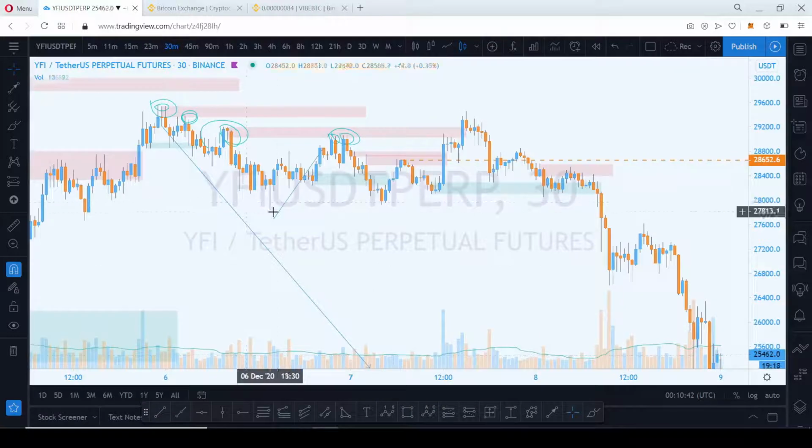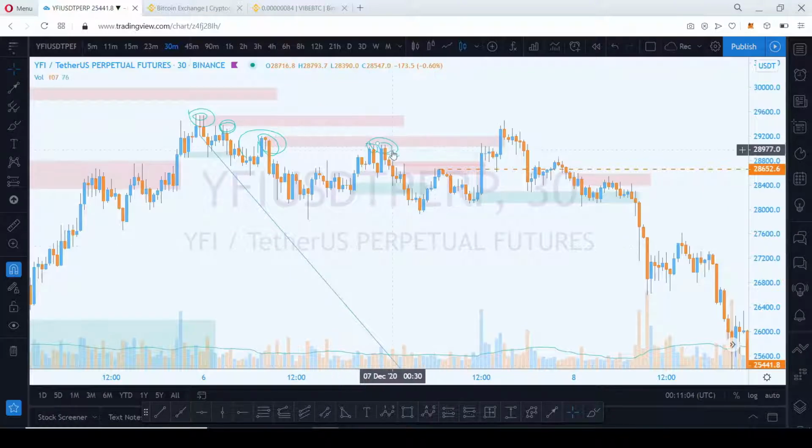The funniest thing now is most of them have a tight stop just above either this high or this high or this high, and then they all get taken out here. And once they are taken out, whoever has sold from the buy stops that were triggered is the one profiting the most from it. So that is one way you can identify and spot smart money trading.